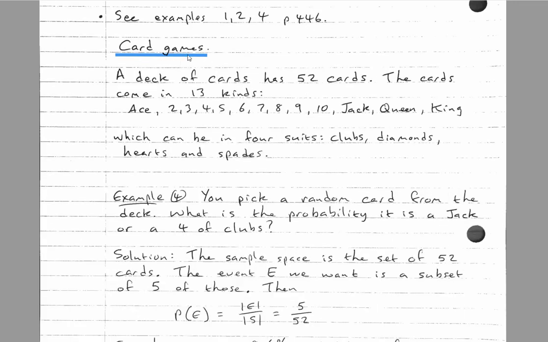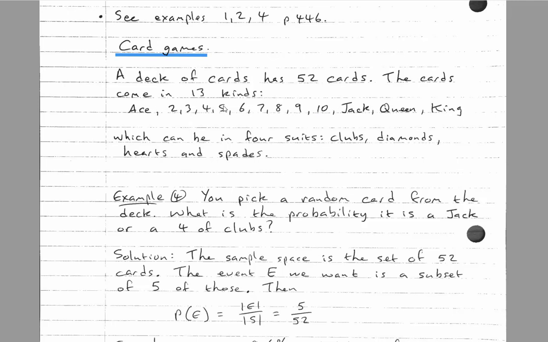All right, let's take a look at card games. So maybe take out a deck of cards and have a look. We're not using the Joker, but apart from that, there are 52 cards. You've got aces, 2, 3, up to 10, and then also jacks, queens, and kings.